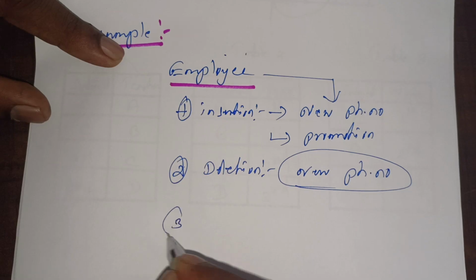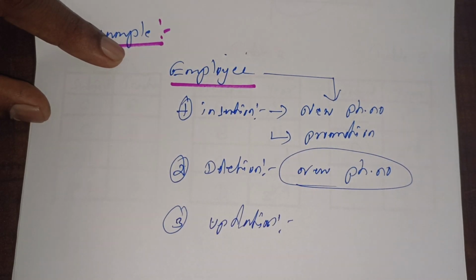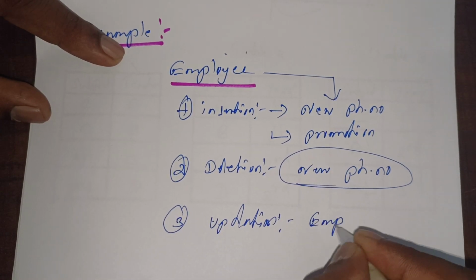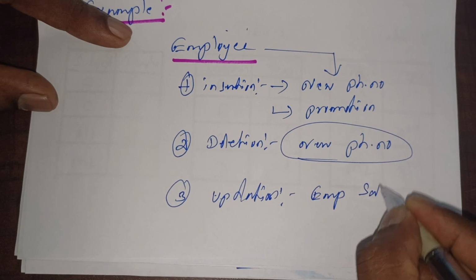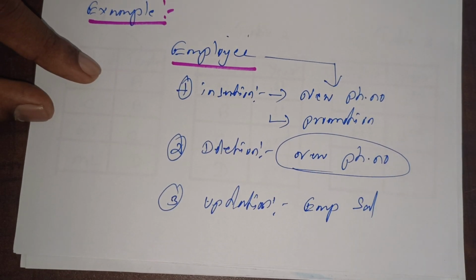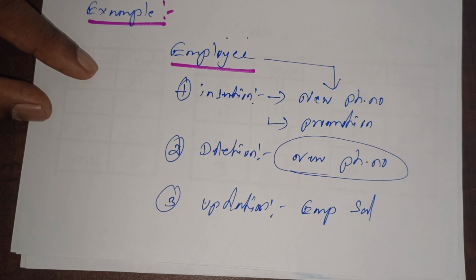Now number three, that is updation. What can we update here? Say I am going to update an employee salary. The employee got promoted and the salary got updated. It occurs when the same data is duplicated across multiple rows, and modifying it in one place causes the database to become inconsistent because the other copies are not updated.